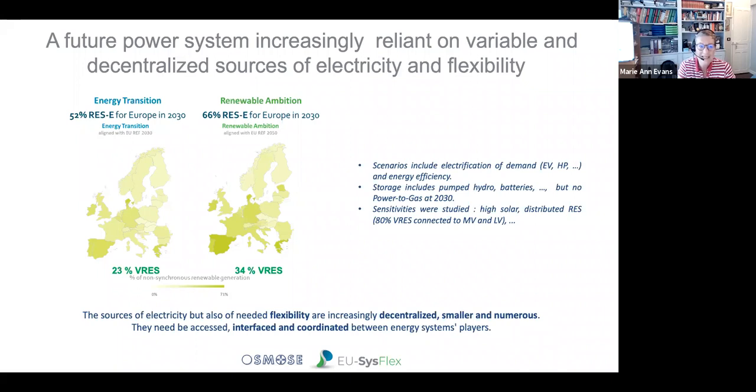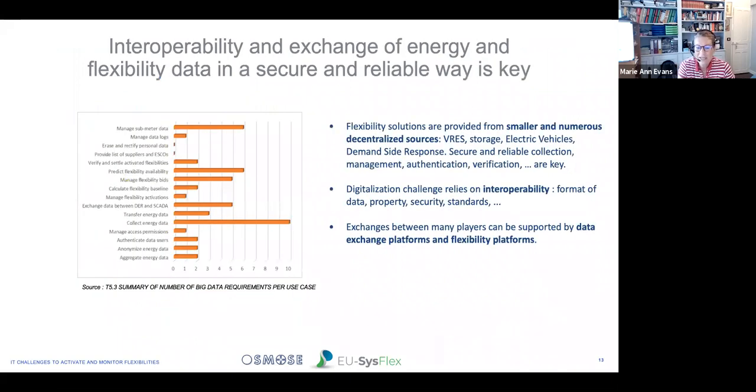Next slide, please. And this leads us to my last slide to introduce today's webinar. A key enabler to be able to succeed in this new power system is the interoperability and the exchange of energy and flexibility data in a secure and reliable way. As I was saying, flexibility solutions that we have studied in the various simulations and demonstrations come from smaller, numerous decentralized sources.